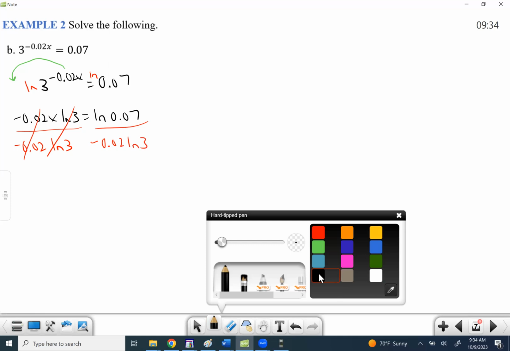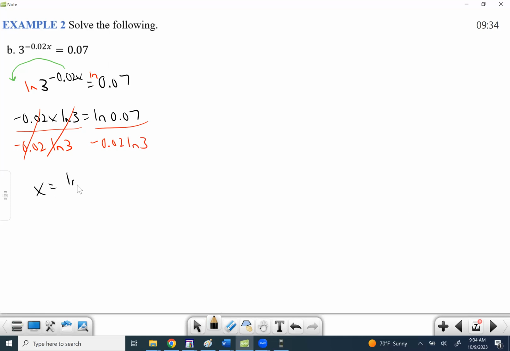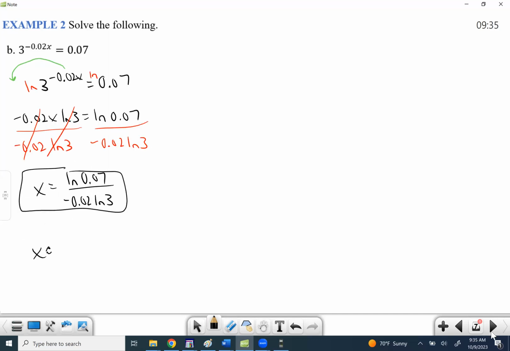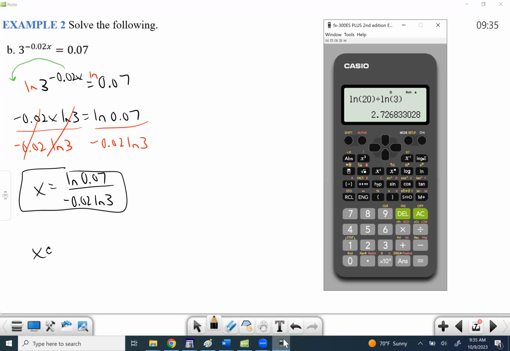So here's our answer. X equals the natural log of 0.07 over negative 0.02 natural log of 3. If we needed to get the approximate, and by the way, this would be exact, right? And the bottom one's the approximate. Let's go to our calculator and put that in.